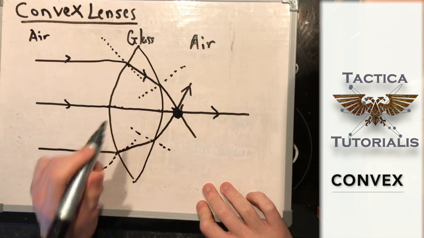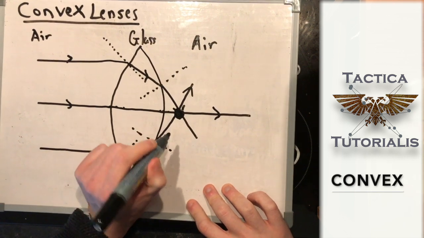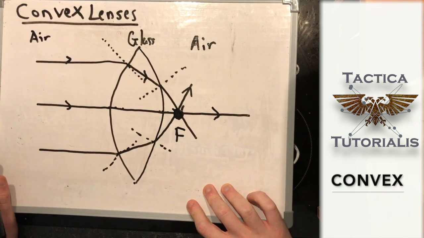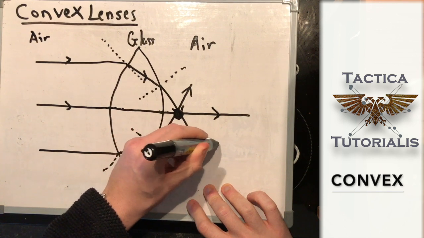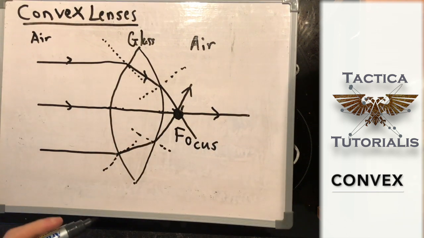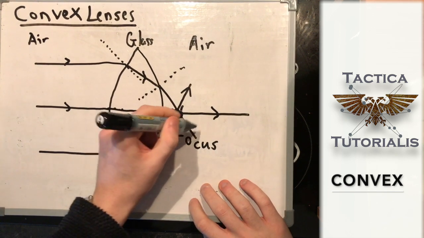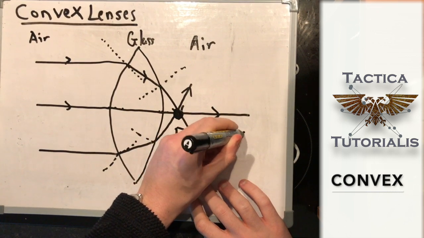Now this point, as the place where the light is focused, has got a name. We call it F. And you won't be surprised to know what I'm going to call this. We call it the focus. In fact, we don't just call it the focus. There's a little bit more to it than that. We actually call it the principal focus.